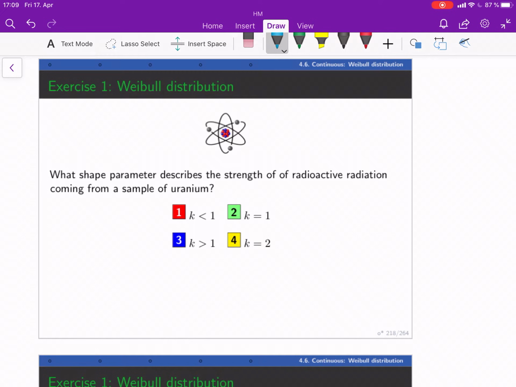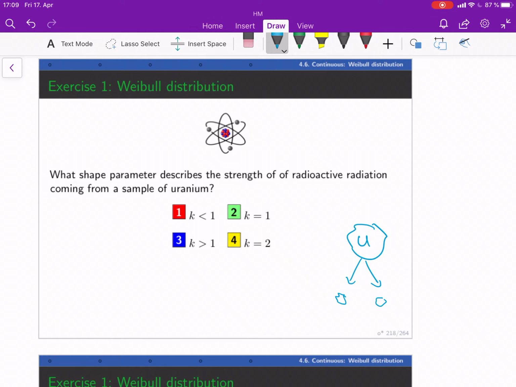Let's think of radioactivity, and let's assume we have a lump of uranium. Uranium spontaneously decays. The big uranium atom falls apart into two other smaller parts.